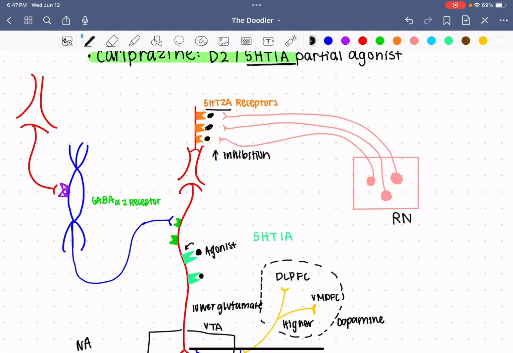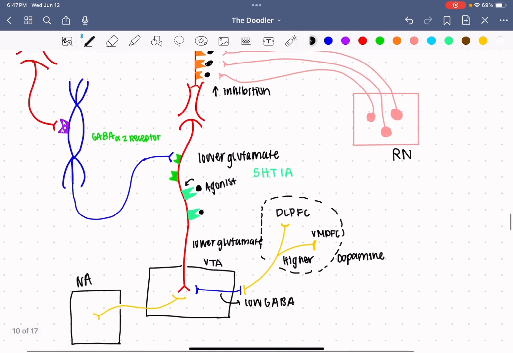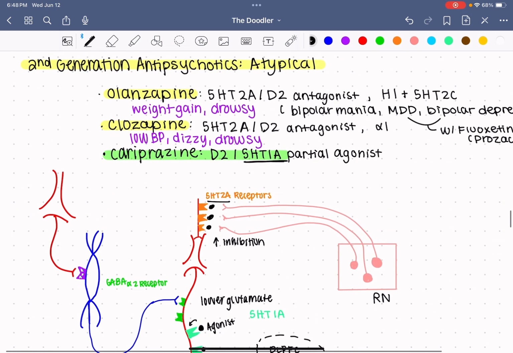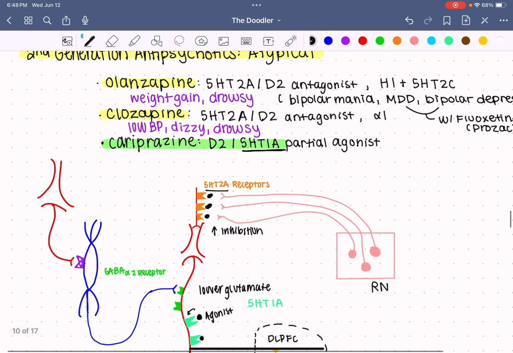And these receptors are normally inhibitory, so it's going to inhibit glutamate. So it's going to lower glutamate, which will in turn, as we talked about before, lower the amount of GABA to the mesocortical pathway, increase the amount of dopamine present in the DLPFC and the VMPFC to help with side effects. So that's why cariprazine is a good option, especially when used to alleviate the symptoms of DIP.